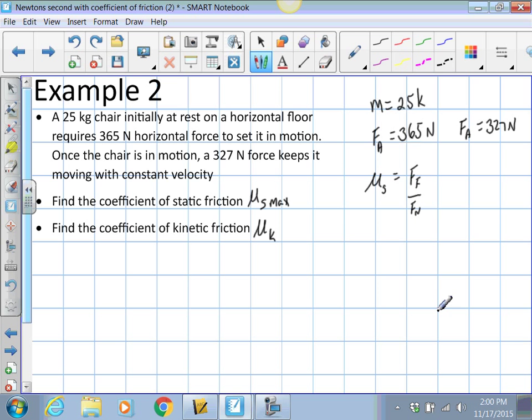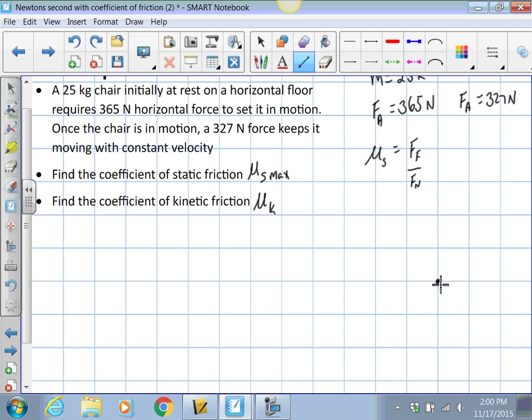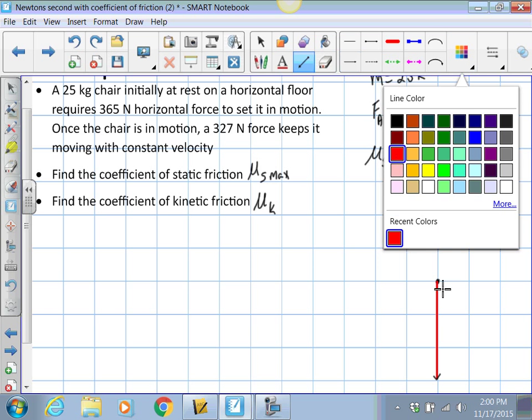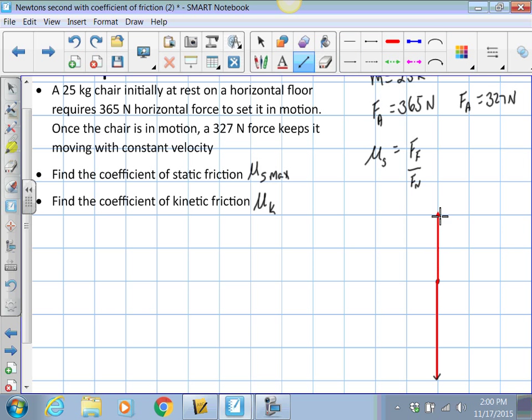We've got a 25 kilogram chair, so we know we have some mass, and because we've got mass, we know we have weight. We're going to have a normal force, which is going to be the same quantity, because it's going to accelerate across the floor horizontally.